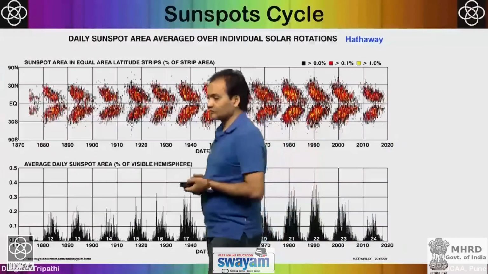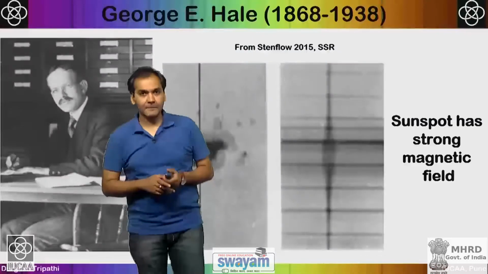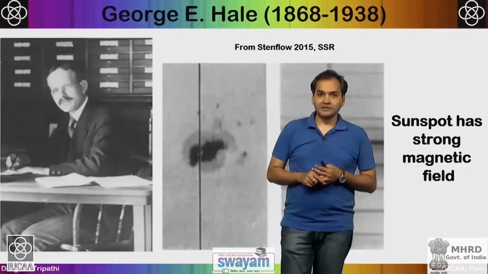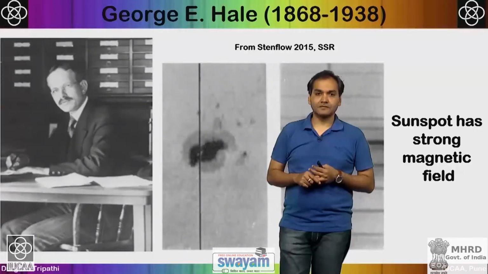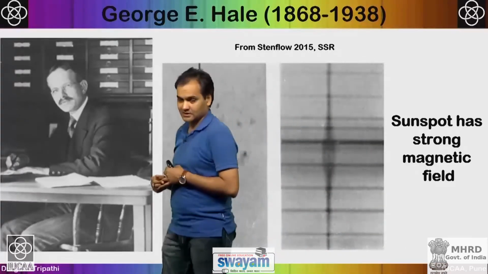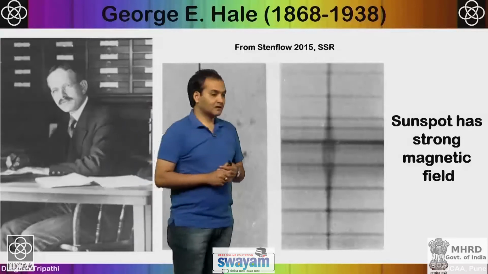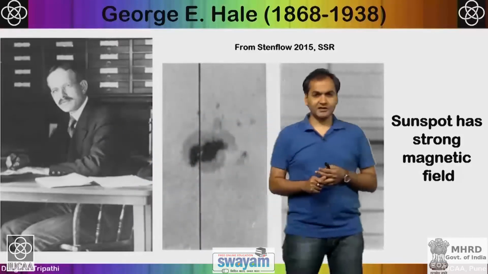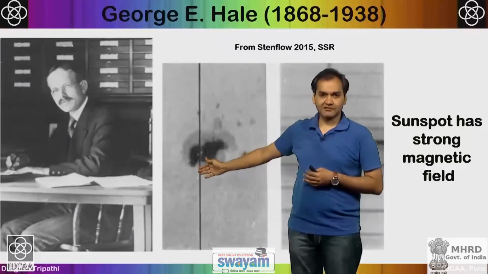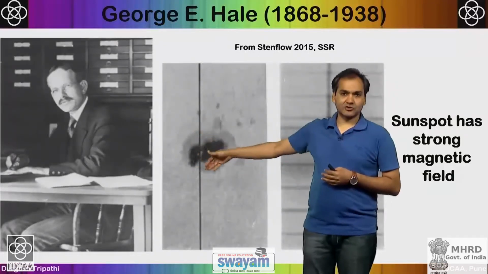Now, it was George Hale in 1909, when he was looking at the sun and trying to measure the composition of the sun's plasma or sun's gas, who, fortunately or unfortunately, pointed the slit of his spectrograph at a sunspot region like this.